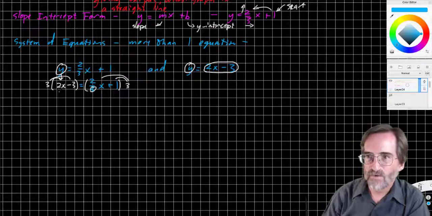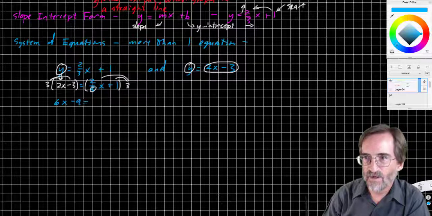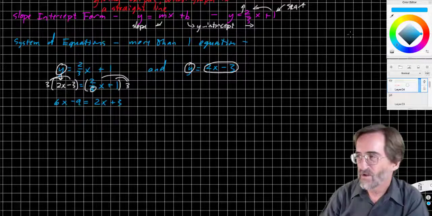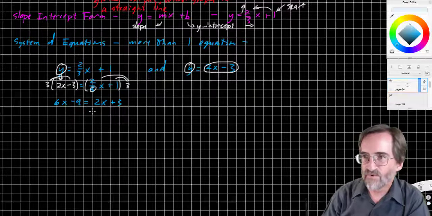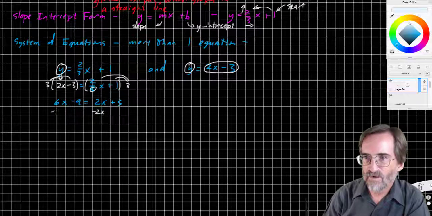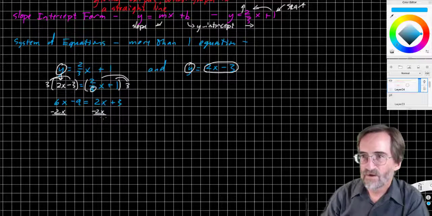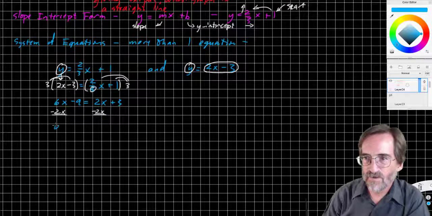So we get 3 times 2 is 6x, 3 times 3 is 9, 3 times 2/3 is 2, just cancels the 3's, 3 times 1 is 3. I'm going to subtract 2x from both sides. We get 4x minus 9 equals 3.